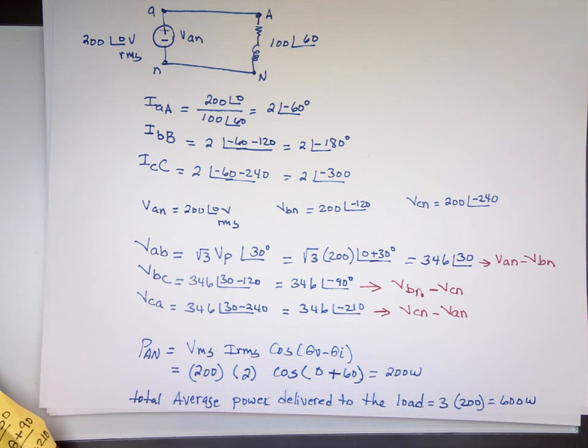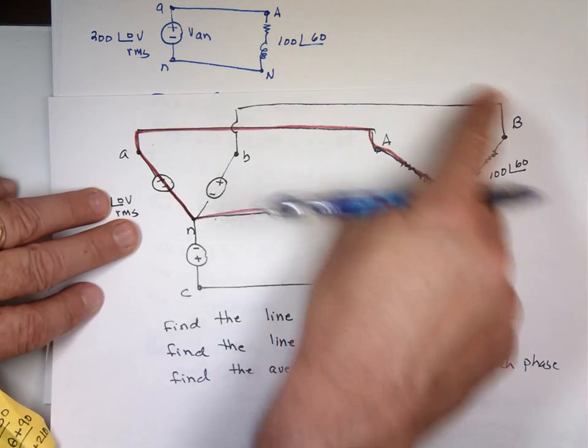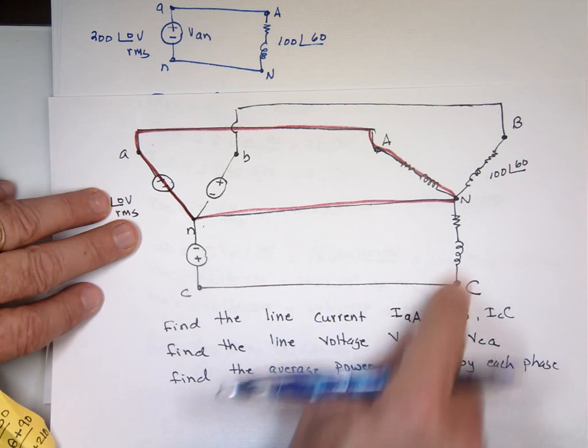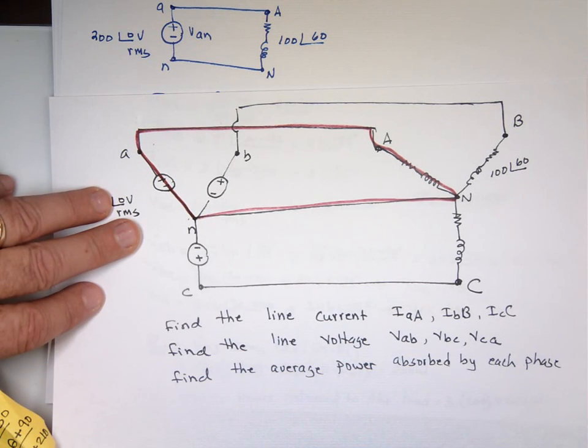You have 3 of them, 3 sets of them, A, B, C. Yeah. If you redraw this one, you have another one, BN, going through that. CN is this one. You got 3 sets of these. So that's why you got actually 3 times that number.